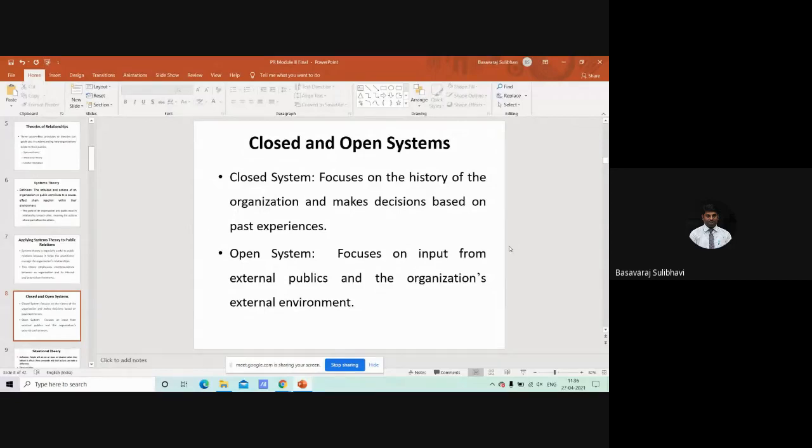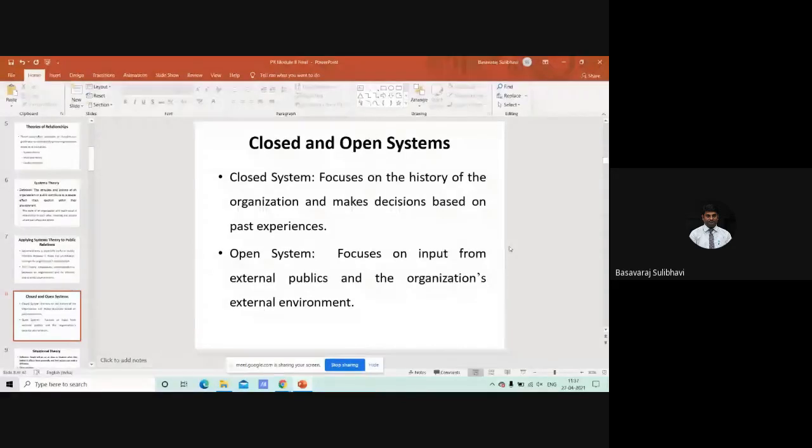Their entire decision in a closed system depends on past experience and the data already in the organization. They retrieve it and validate it statistically. Once they validate it, on that basis further decisions will be taken and activities will be carried out in the future.